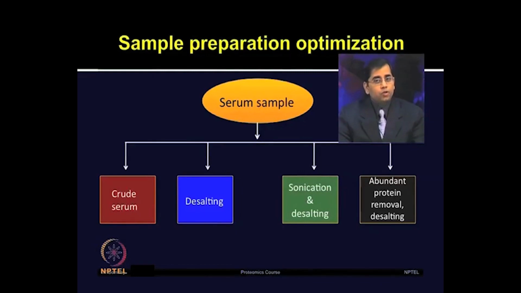But serum contains a lot of salt. So, isoelectric focusing itself becomes challenging if you have crude serum. So, we also tried whether we remove the salt component of it, and after desalting, if we do the IEF.